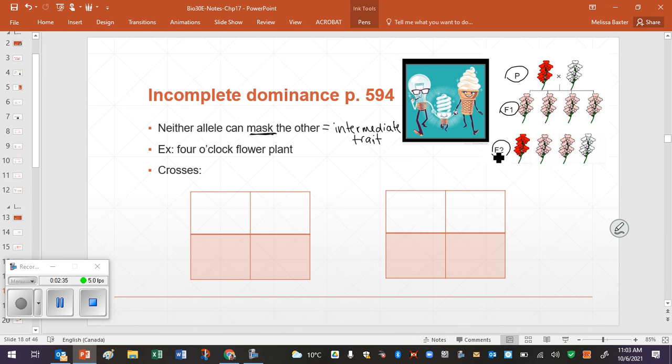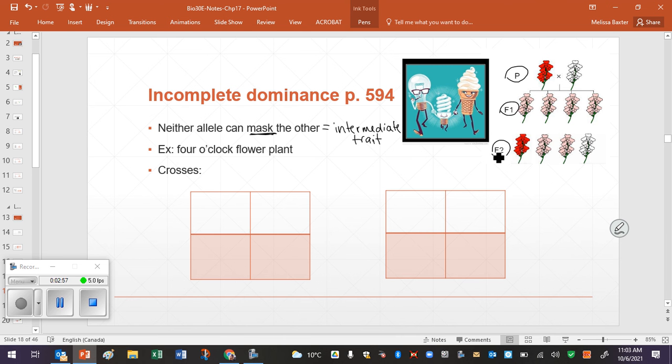That's weird because neither parent was pink. So how on earth were all of their offspring a different color than the parents? Well, my explanation would be that all of the offspring must have gotten one red and one white allele. Red plus white makes pink color-wise.